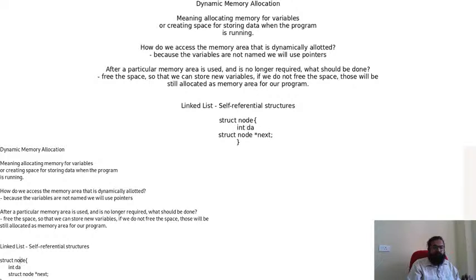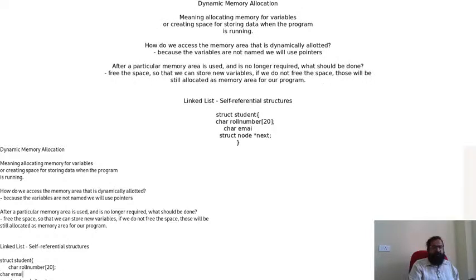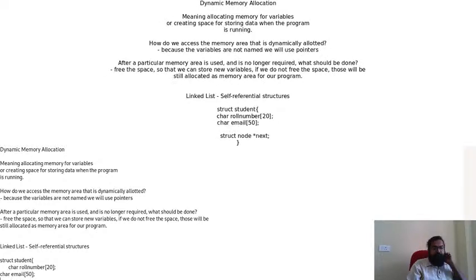Or if we say that this is going to be a student, and this is going to be the roll number, and let this be a character array of, let's say, 20, then char email 50, and so on.